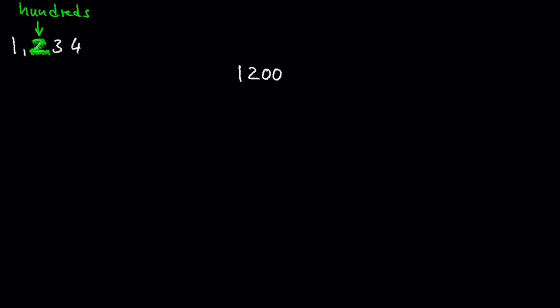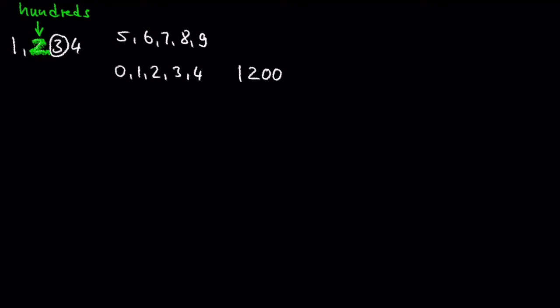Now, the next step is to locate the digit just to its right and check if the digit is 0, 1, 2, 3 or 4, or if the digit is a 5, 6, 7, 8 or 9. So, this is very important now.